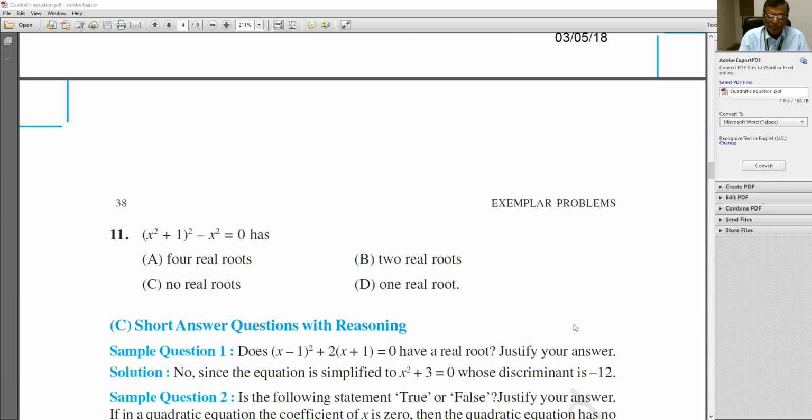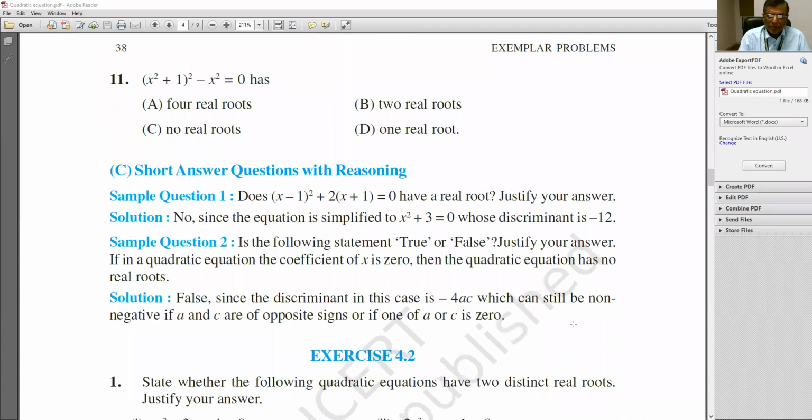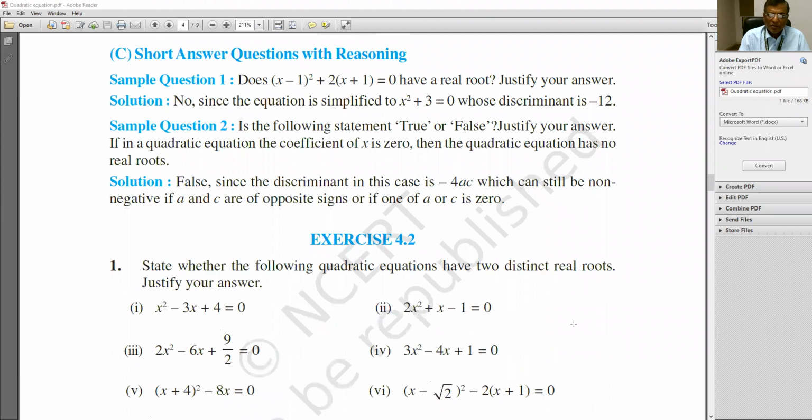Some short answer questions with reasoning.